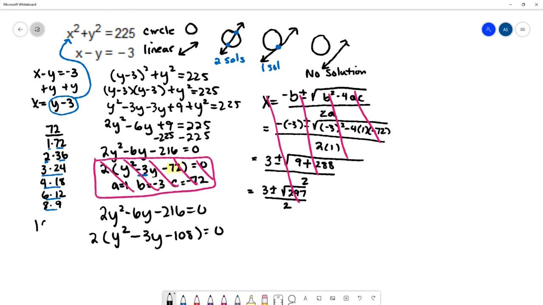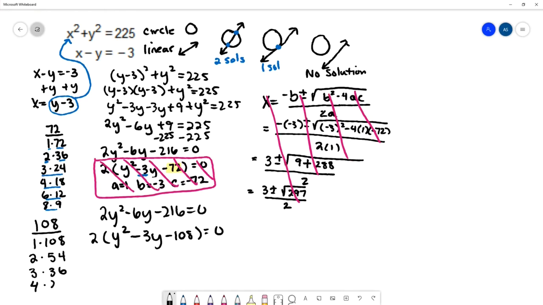So 216 divided by 2 is 108. Okay, so now let's look at factors of 108. 1 times 108, 2 times 54. 3 does go in there. That's 36. 3 times 36. Let's see, does 4 go in there evenly?